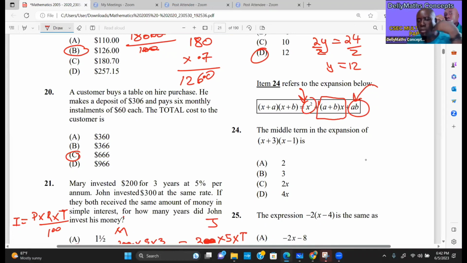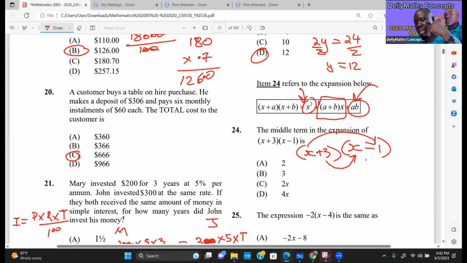So you want to work on the middle term. Now, let me just write this here to show you. You could do it the long way, or you could understand that for the middle term, you only need to work out this and that. That's what you work out for the middle.